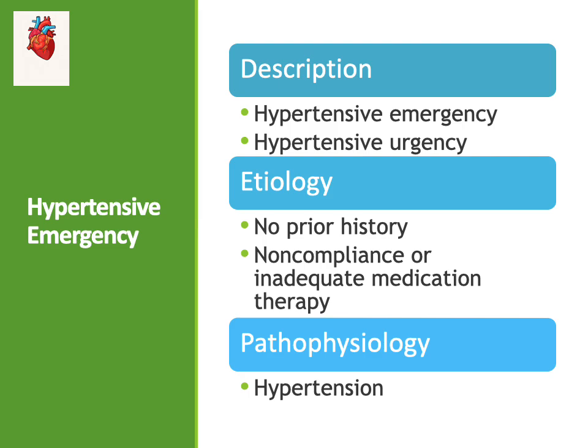Someone with hypertensive urgency has essentially uncontrolled hypertension. They've walked around with elevated blood pressures for quite some time, and reducing that too quickly is going to result in a loss of autoregulation to the brain.